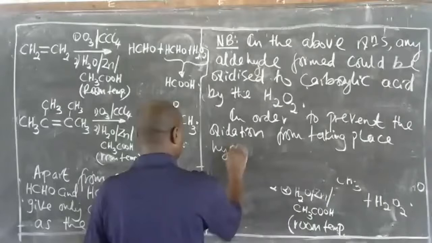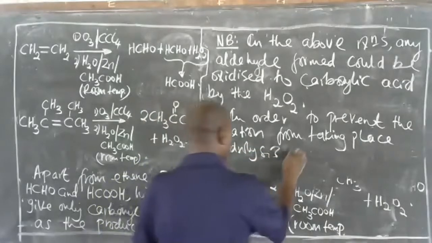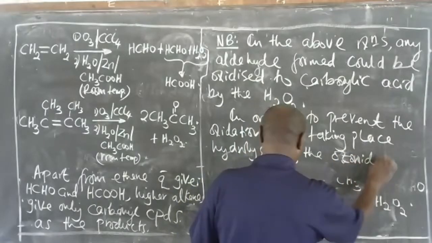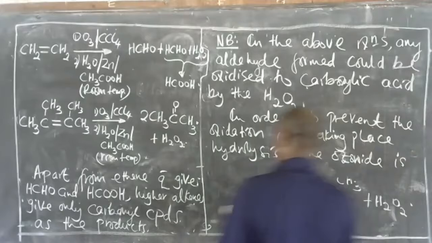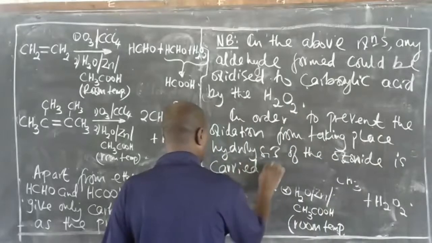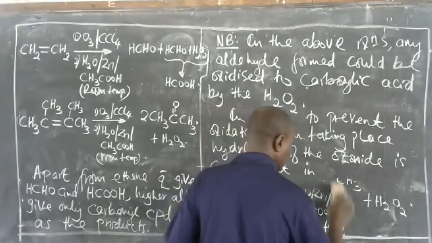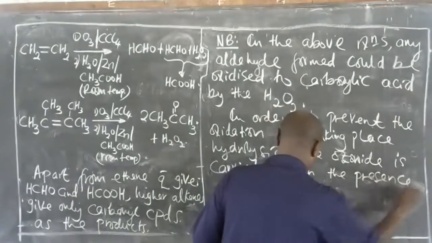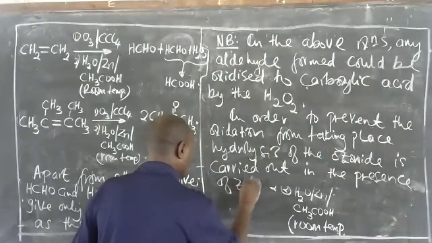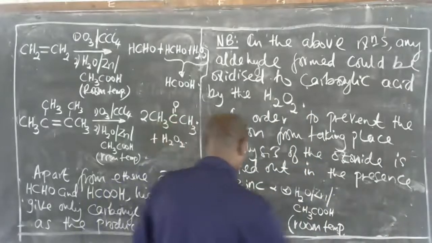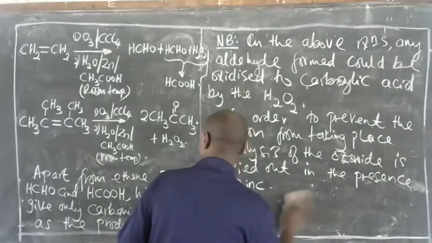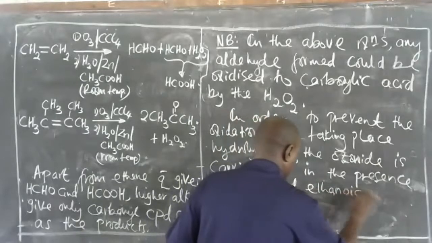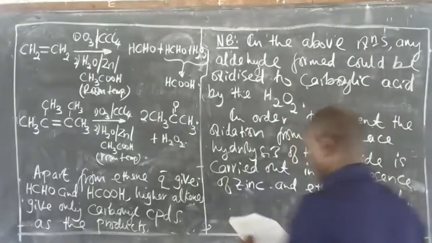Hydrolysis of the ozonide is carried out in the presence of zinc and ethanoic acid.